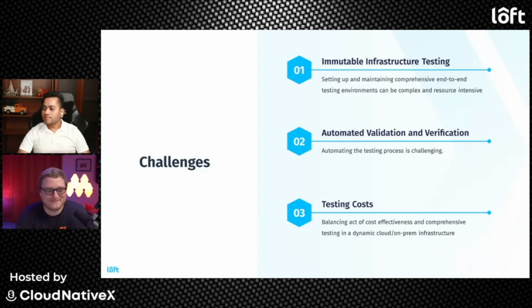Awesome. Okay, so the second biggest challenge I see is the automated validation and verification. It is a very hard problem to solve. Making a change to the software, or let's say the application, that involves multiple infrastructure pieces, to ensure automated validation and verification of all the changes, you have to write a lot of infrastructure tests.